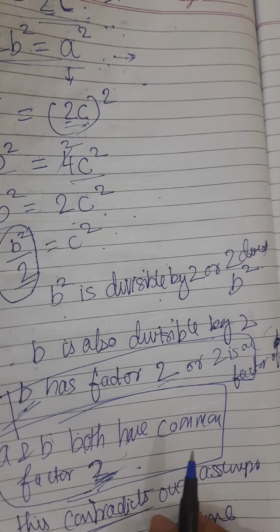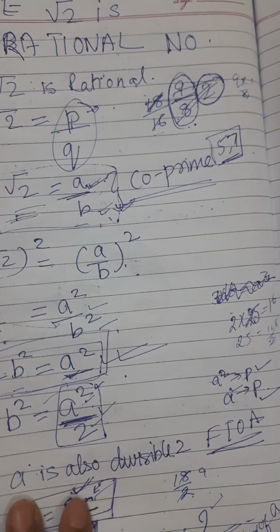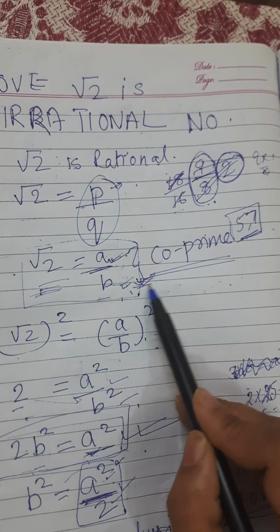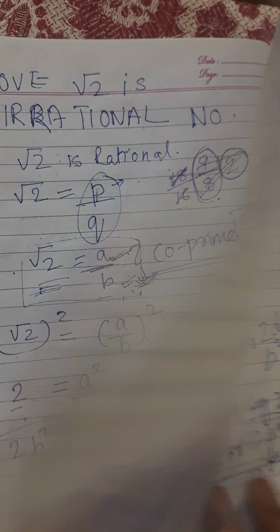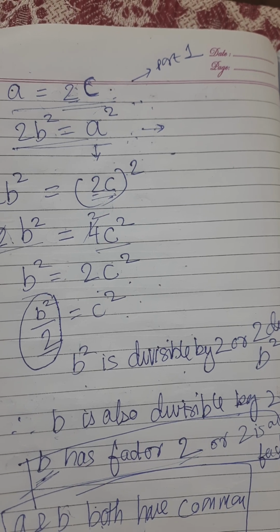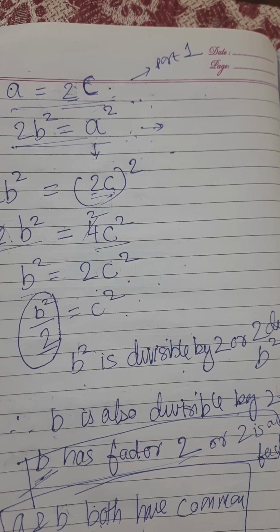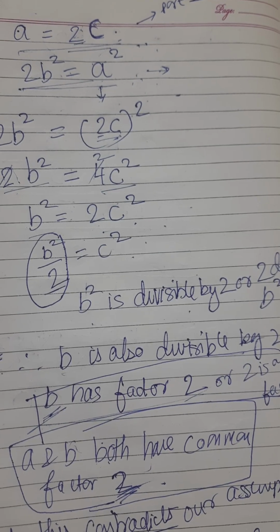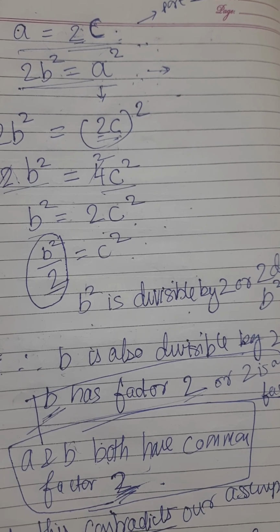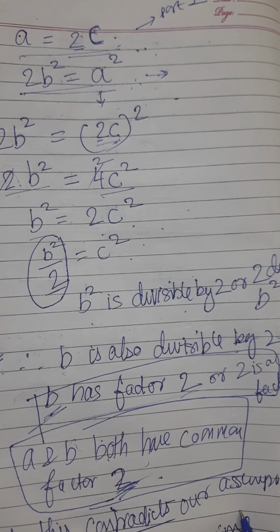But initially we assumed that a and b are co-prime numbers, that is the only common factor between a and b is 1. So this is in contradiction to what we had assumed. So our assumption proved wrong, right? So we can say that root 2 is not a rational number.